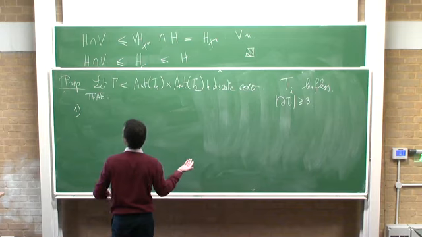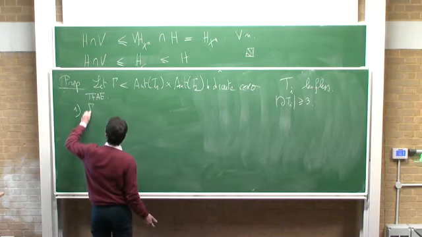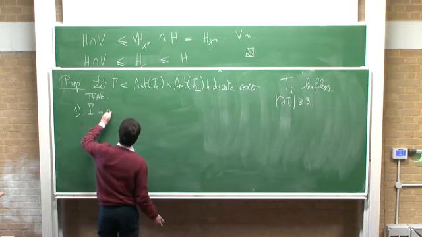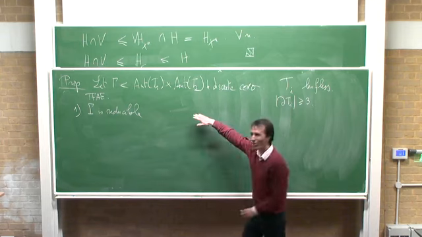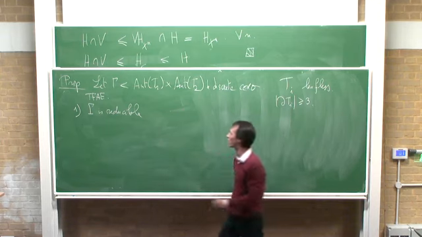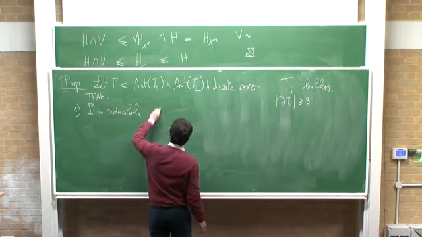So the first assertion is that gamma is reducible. And I want to remind you of the very precise definition of reducibility we have here.